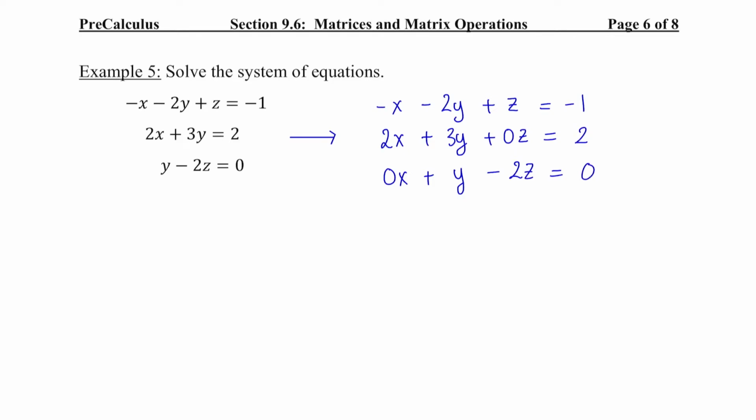So from here, I will have a matrix with 3 rows and 4 columns. My first row will be negative 1, negative 2, 1, negative 1. My second row will be 2, 3, 0, 2.